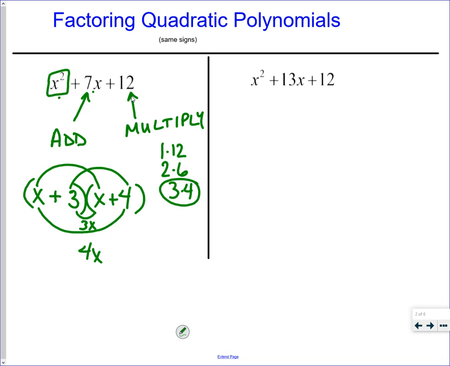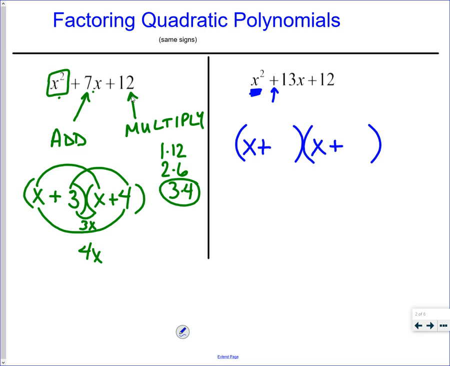Now, the second problem has the same 12 at the end, but a different middle term. So I still need numbers that multiply to be 12, and they're going to add to be 13. Again, this x squared tells me I'm going to start with an x in both of these binomials. This tells me that they're both going to be addition.